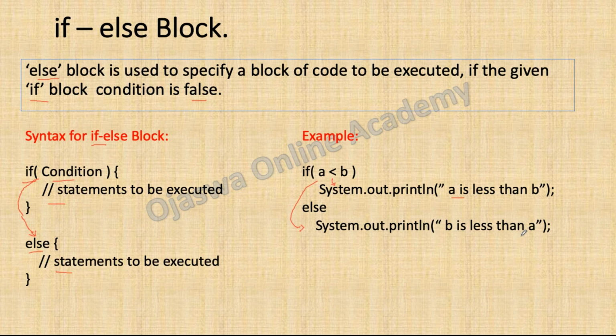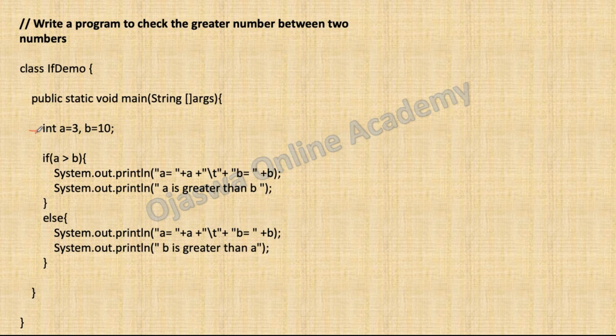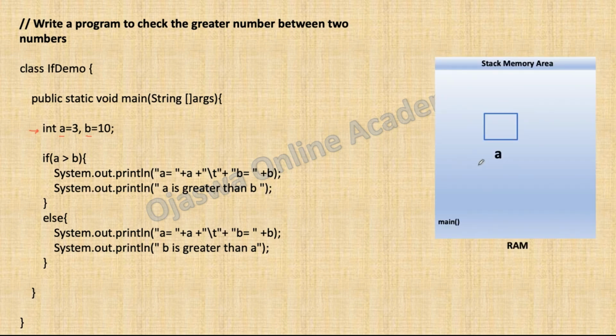So let us understand this example with the help of a program. Now when this statement executes, memory allocation for variable a and variable b is done inside the stack. So memory for variable a is reserved and value 3 is assigned to it, and memory for variable b is reserved and value 10 is assigned to it. When the if condition is executed, value of a is 3 and value of b is 10. 3 is not greater than 10. Hence the condition is false.